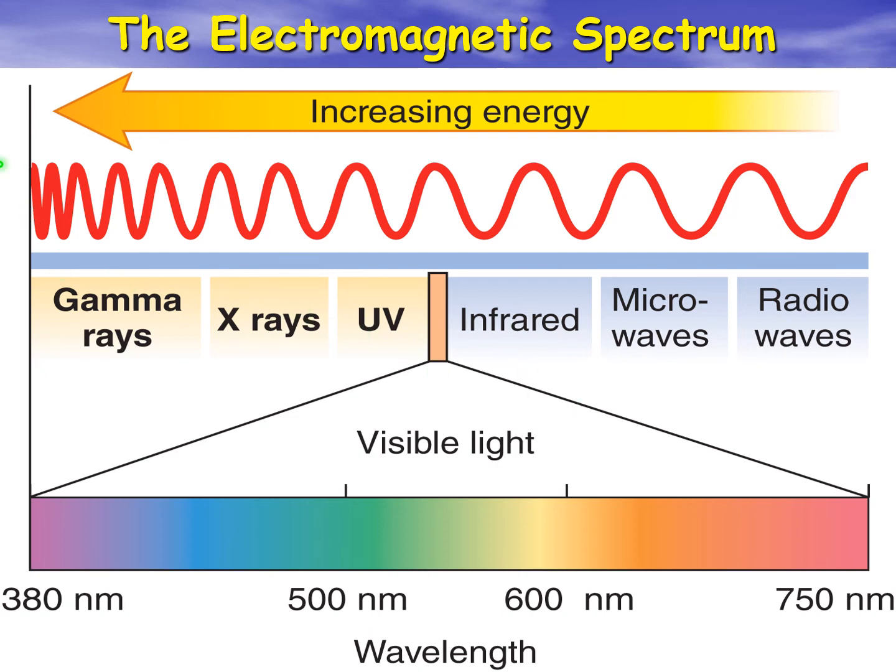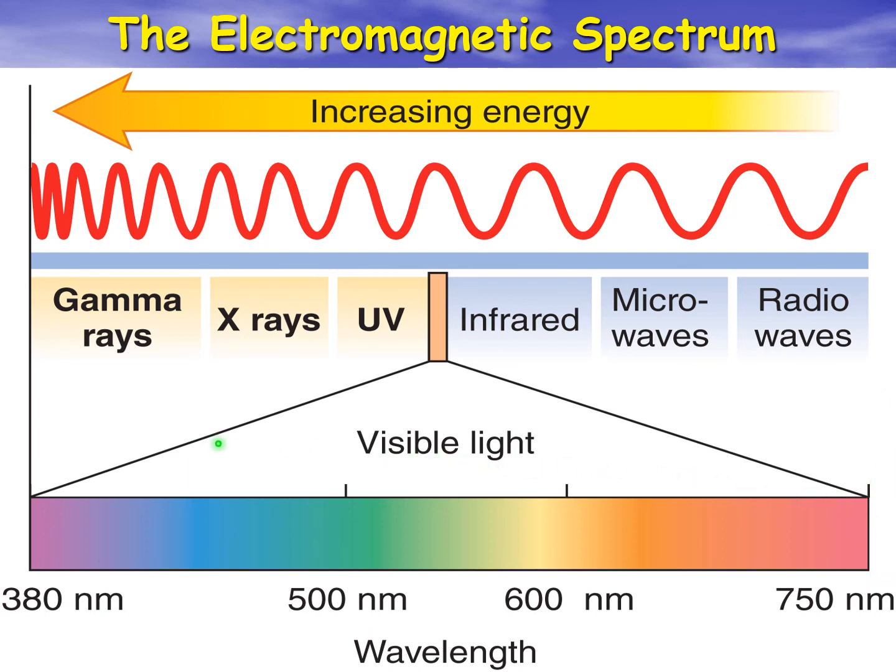The higher the frequency of wave, in other words, the closer the waves are together, the more energy that is produced by these waves. Visible light ranges from about 400 nanometers on the violet or blue end to about 750 nanometers on the red end.